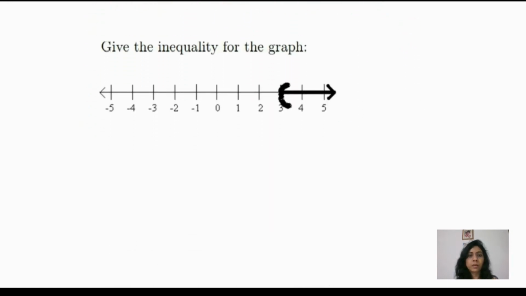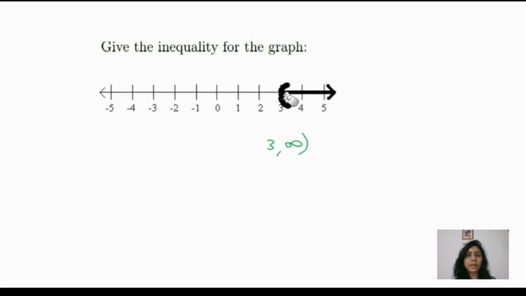Now the second type of question. If a graph is given, it says give the inequality for the graph. Here the graph is given and we have to find the inequality. So here 3, and more than 3 on the positive side, so positive infinity. Always with infinity we write the parenthesis. And 3 is not included, so this parenthesis.